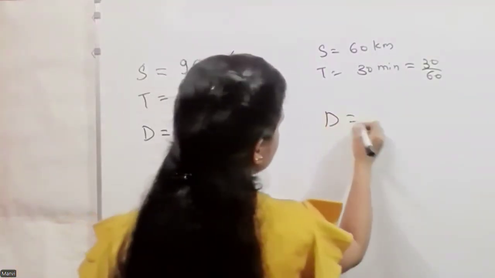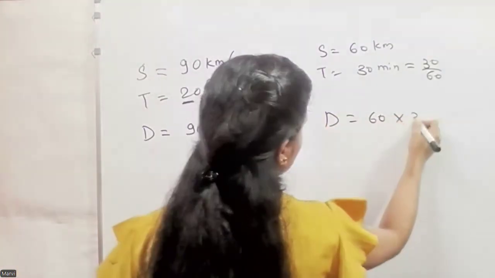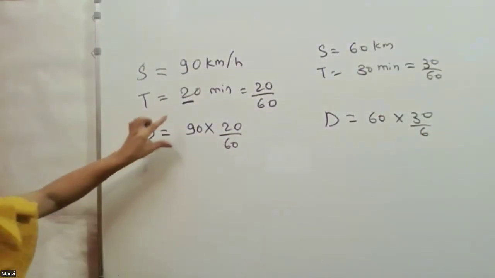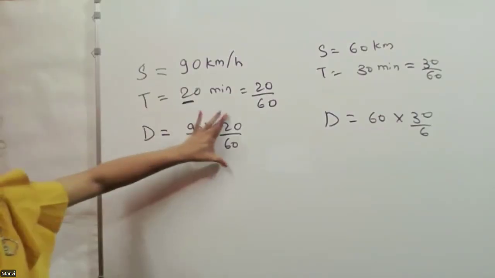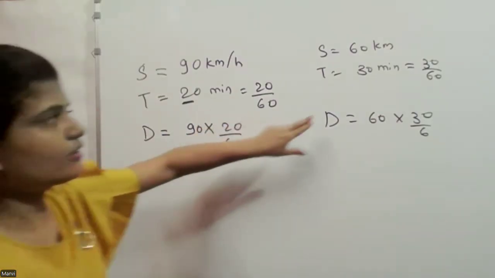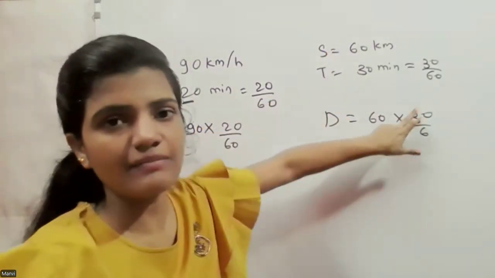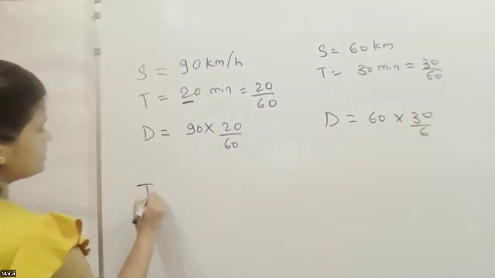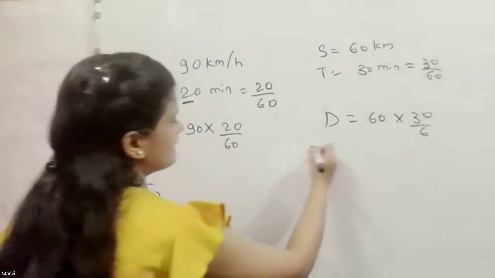For here, distance equals 60 multiplied by 30 by 60. Because distance equals speed times time. Here also speed times time. So total distance equals this distance plus that distance.